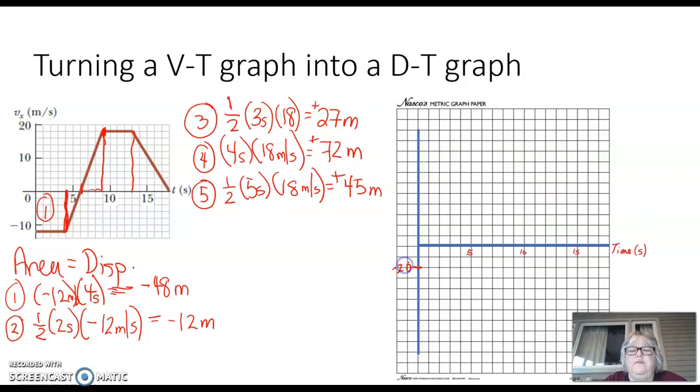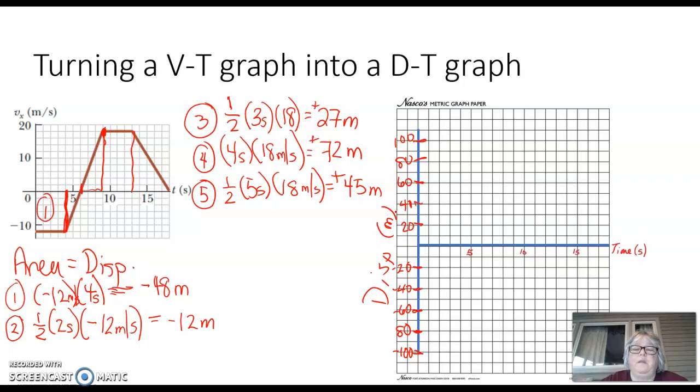So that's going to be negative 20, negative 40, negative 60, negative 80, negative 100, 20, 40, 60, 80, 100. Okay, and this is my displacement in meters.